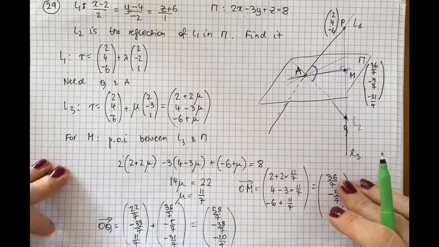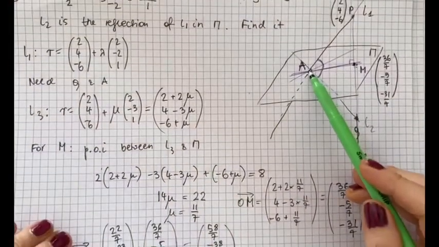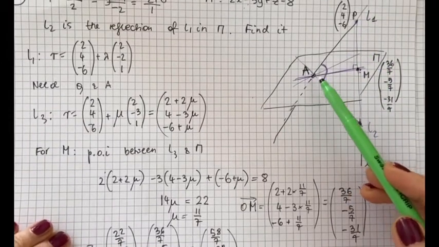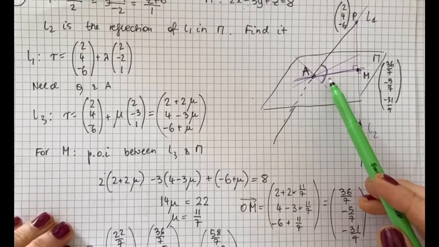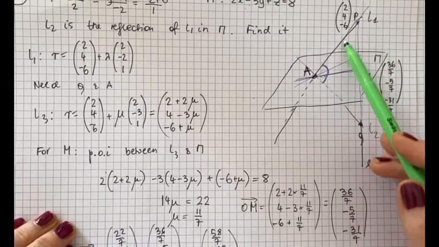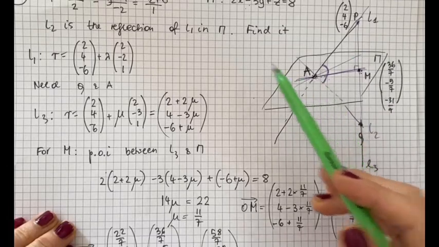Now we need to find point A. So we also need to find the point of intersection of the line L1 with the plane, so point A. So we need to substitute the general point of the line L1 into the plane.